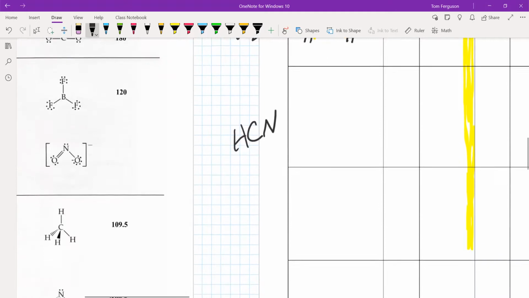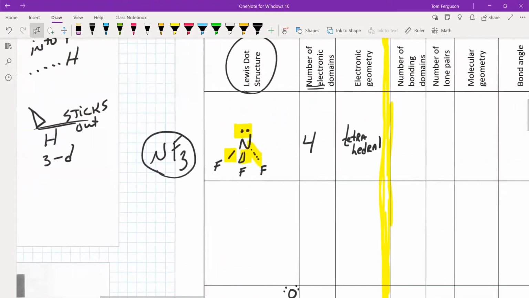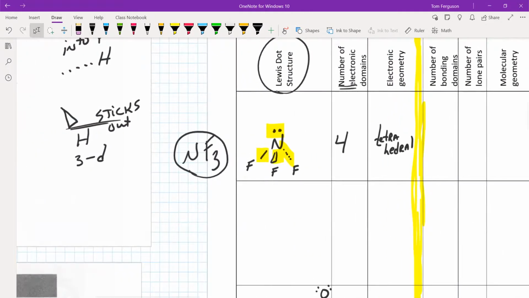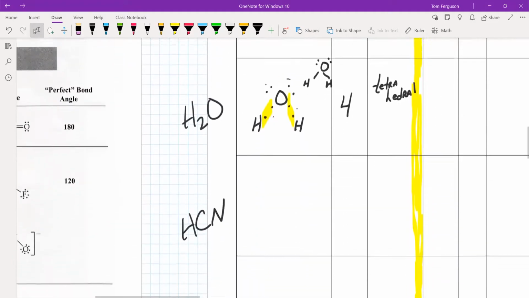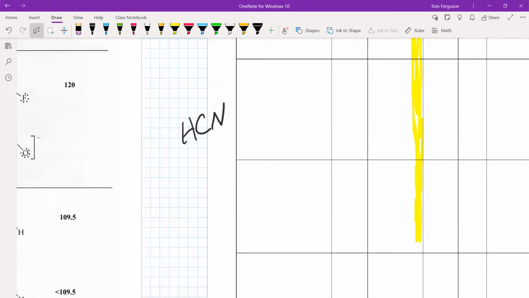Okay, let's do another one. Now I'm going to be continuing on with these. I'm going to be adding some other stuff over here. But the first step is going to be determine the electronic geometry. And that basically is counting groups of electrons. Okay, so let's do HCN. So this is what this looks like. Here is our carbon.